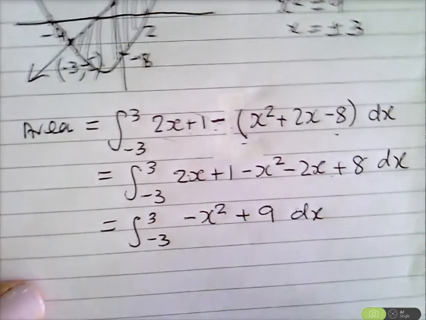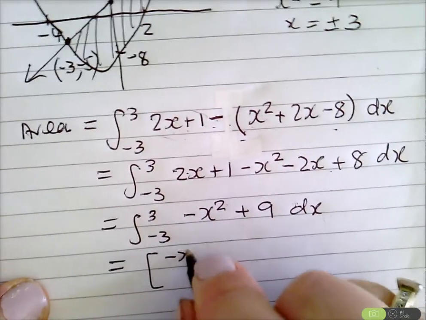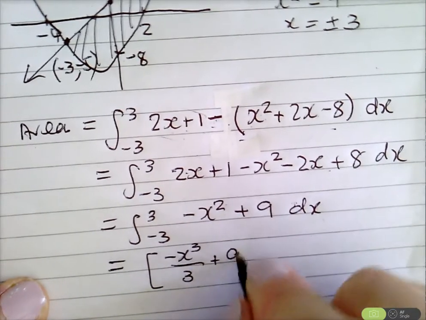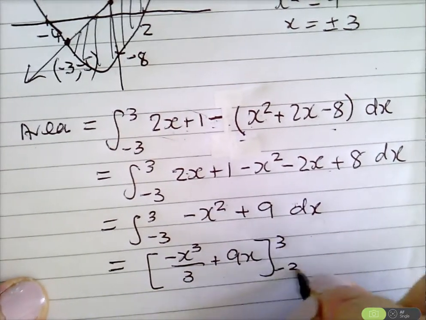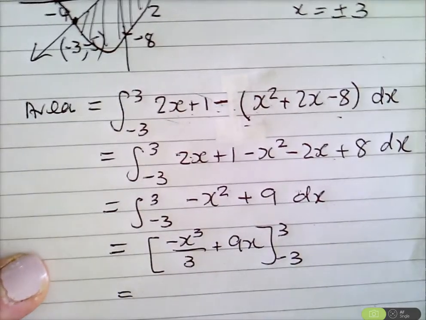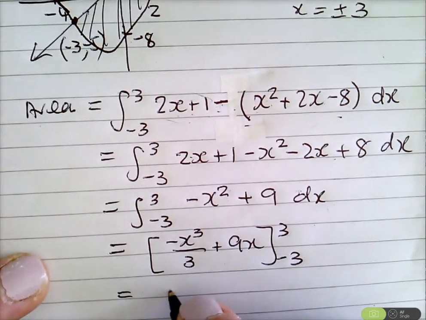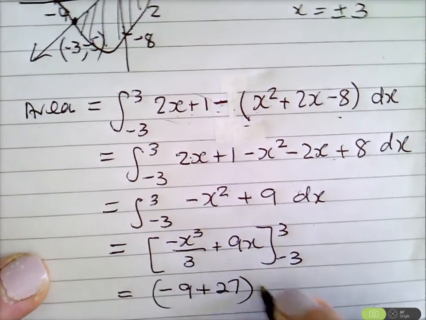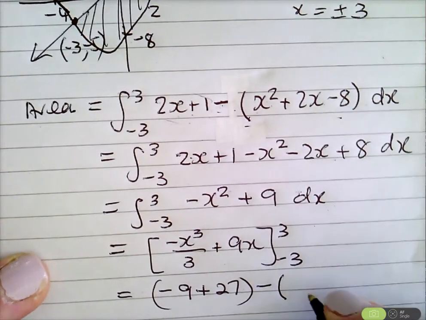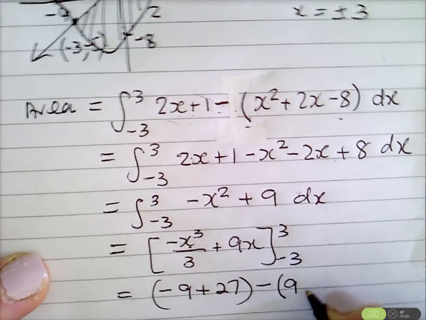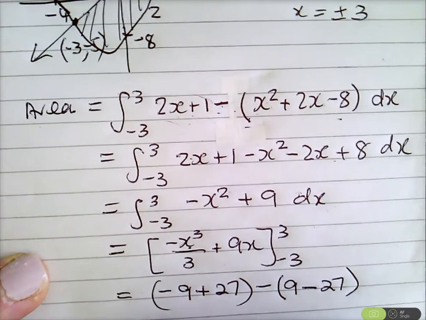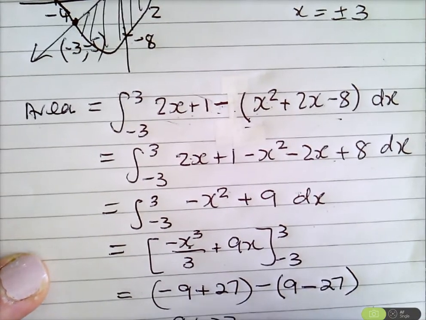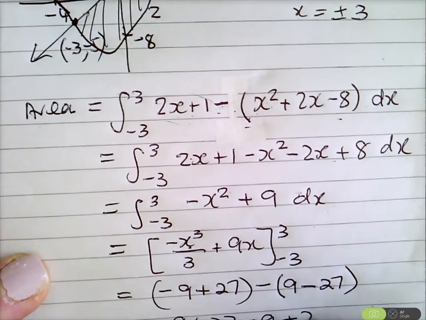Okay, so now we just integrate and substitute in those values. Negative x cubed on 3 plus 9x. Substituting in the values 3 and negative 3, and what do we get? Negative 27 on 3, negative 9 plus 27 minus, put it 9 minus 27. So it's negative 9 plus 27 minus 9 plus 27.